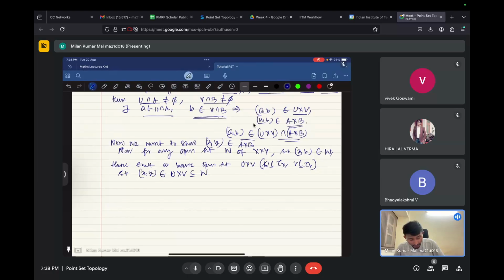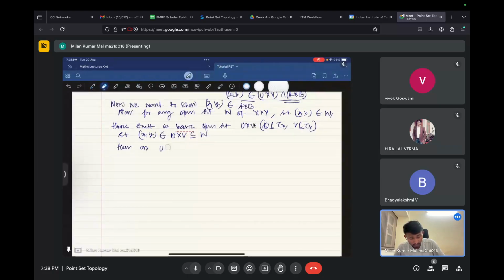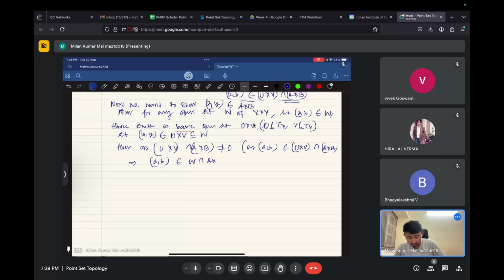Then U cross V intersection A cross B is non-empty, as (a, b) is sitting inside U cross V intersection A cross B. So that means this (a, b) is sitting inside W intersection A cross B. That means W intersection A cross B is non-empty.